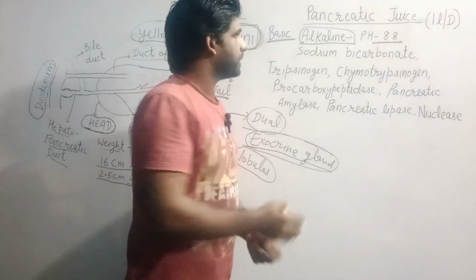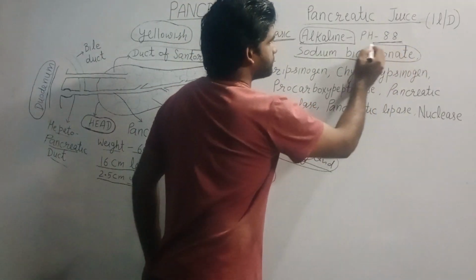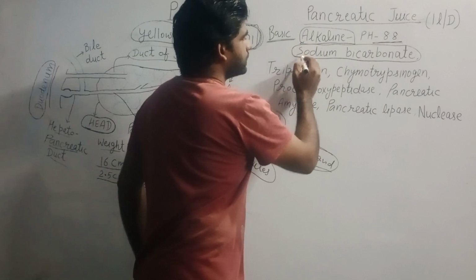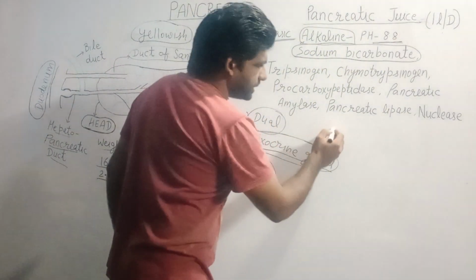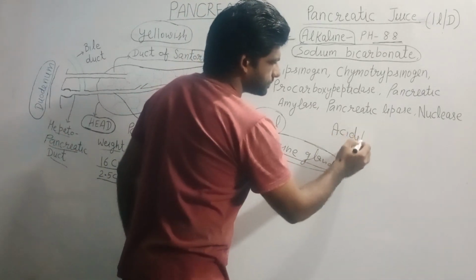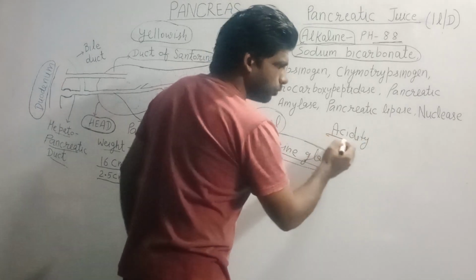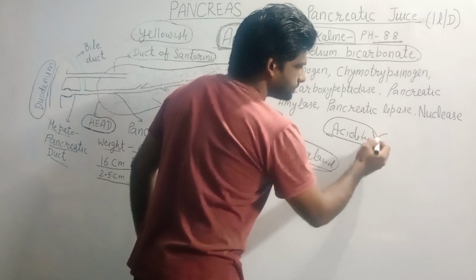Pancreatic juice also contains sodium bicarbonate ions. These ions neutralize acidity of food which comes from stomach.